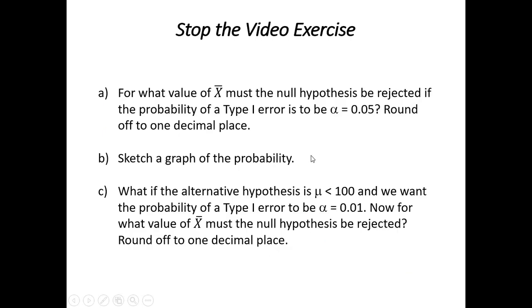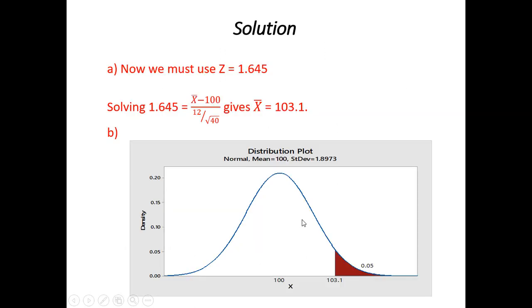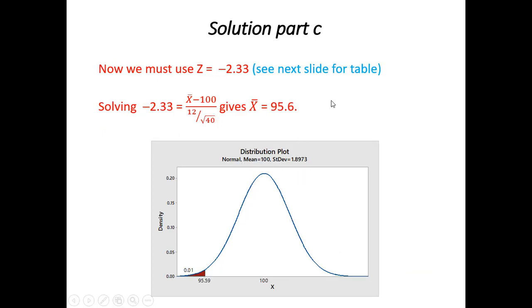Now, in part C, we could describe this by saying, now the test is a left-tail test. It's a one-tail test, but in part A, it was a right-tail test. In part C, it now becomes a left-tail test. So what's the correct Z value?